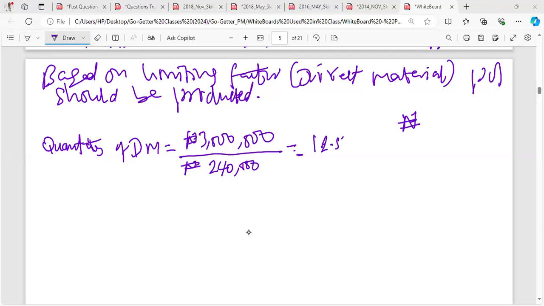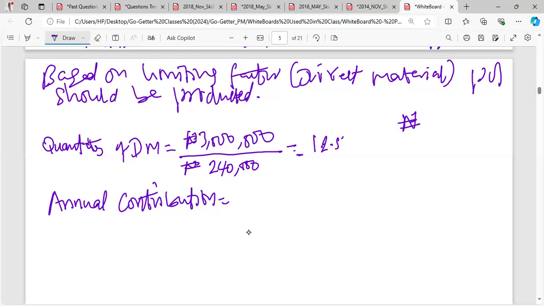We have 12.5 when we divide 3 million by 240. So we have our contribution. So we will now say annual contribution. It will be 12.5 multiplied by how much?